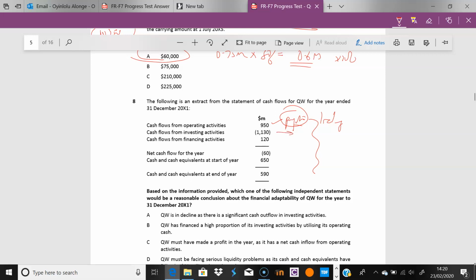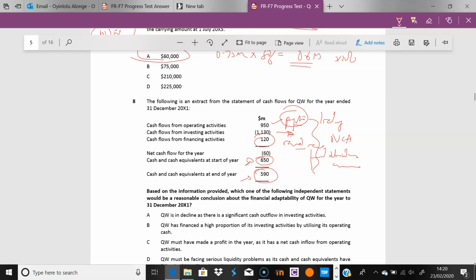You spend quite a bit of money investing in either non-current assets or in subsidiaries or associates, so we can see what's going on. Quite a bit of money has been spent, and then you have also raised new funding. I can see what the cash was at the beginning of the year, and then that's what it is at the end. So I can see some relatively healthy cash figures.